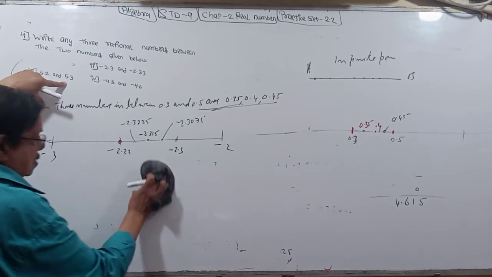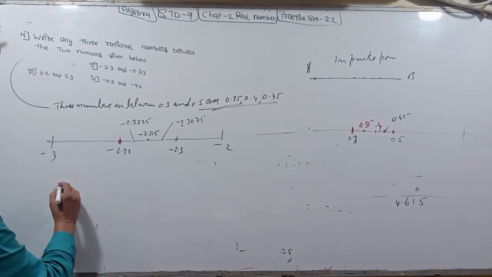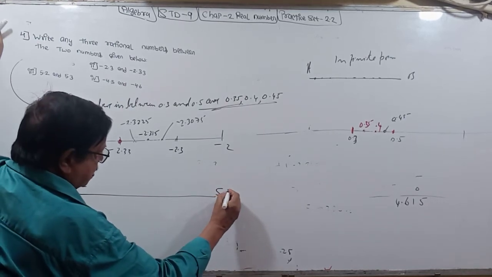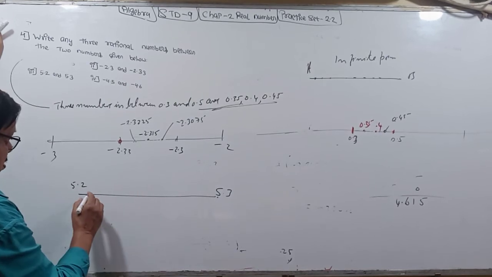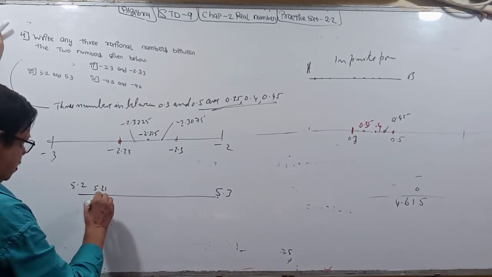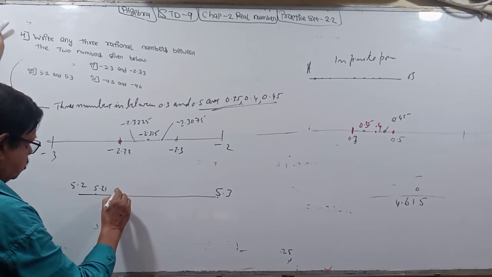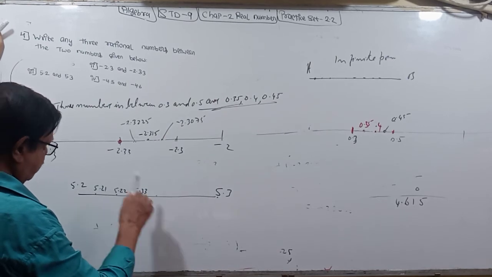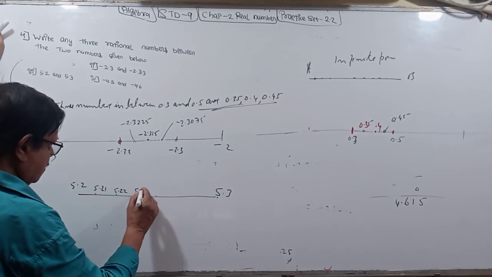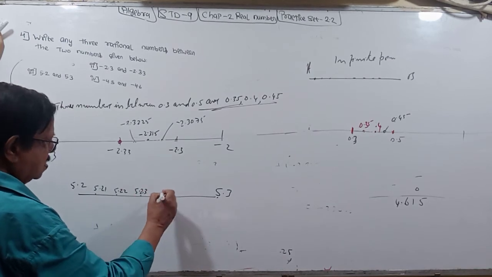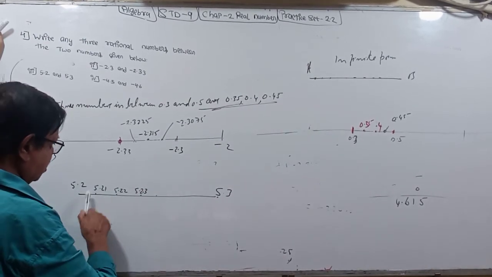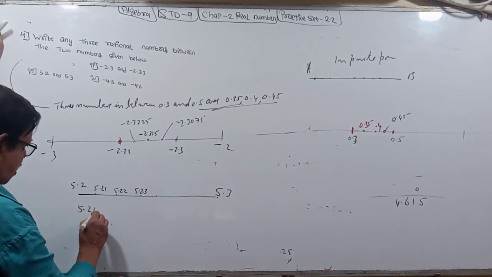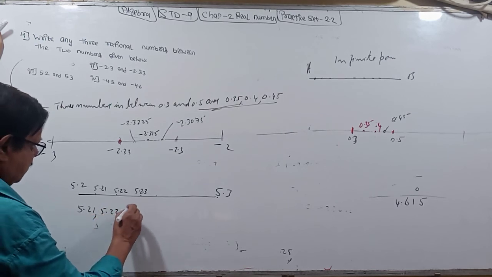Now we need three numbers in between. One is 5.2 here and the other is 5.3. Here one number will come, 5.21, here 5.22, 5.23, 5.24, 5.25. Before 5.3 you can get infinite numbers. Write any three numbers. So I choose three numbers: 5.21, 5.22, 5.23.